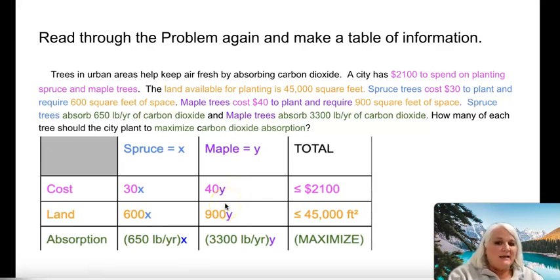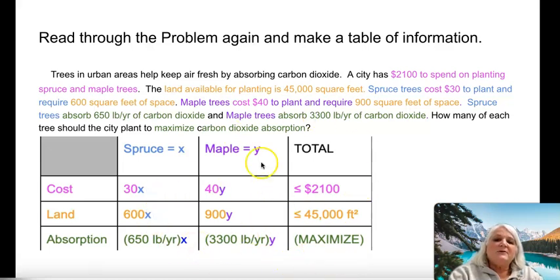That's what I'm trying to find out, how many trees. For the land, the spruce tree requires 600 square feet of space, so I put 600X underneath the spruce tree in the land row, and underneath the maple in the land row, I wrote 900 square feet times Y. Y is the maple.